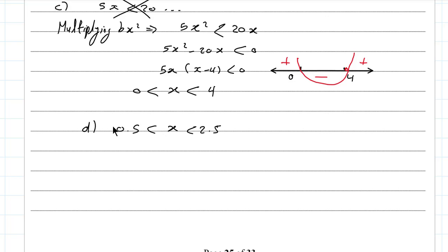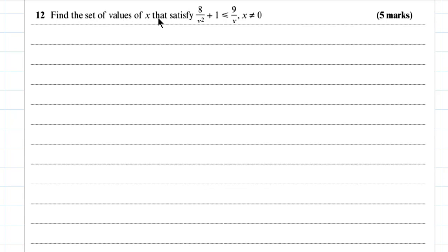Very nice question. 12. Find the set of values of x that satisfy this inequality, multiplying by x squared to get 8 only, and then plus x squared less than or equal to 9x. Rearrange it to be x squared minus 9x plus 8 less than or equal to 0.